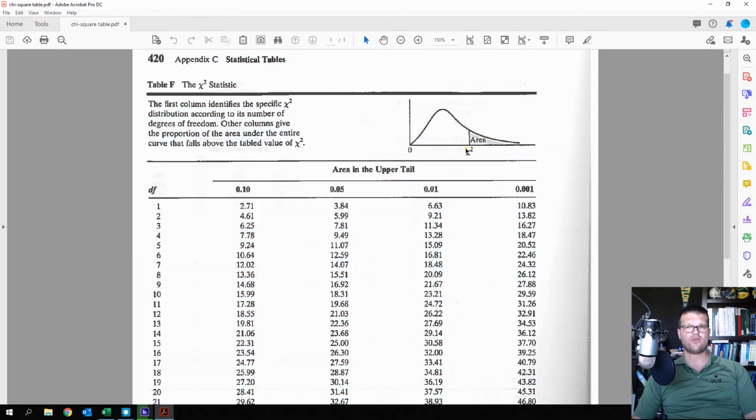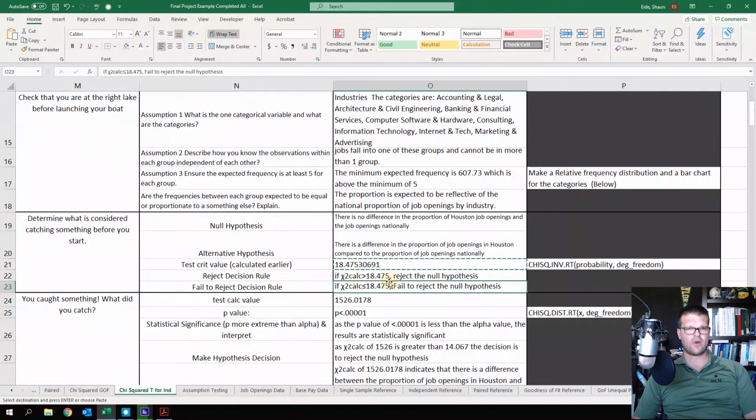We are going to fail to reject the null hypothesis if the calculated value is anywhere to the left of the chi-squared crit. That's what we're writing right here. If chi-squared calc is greater than chi-squared crit of 18.475, we're going to reject the null hypothesis. If chi-squared calc is less than or equal to 18.475, we're going to fail to reject the null hypothesis.